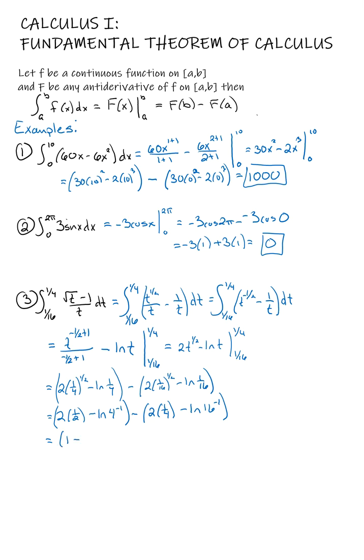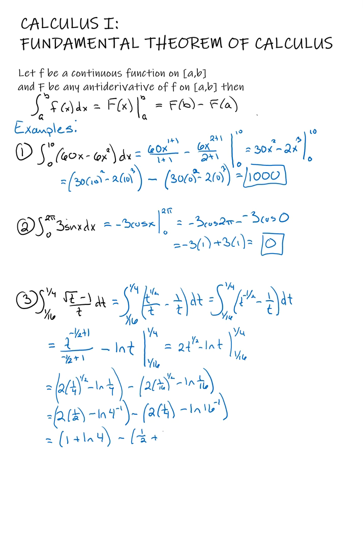And then properties of logarithms say if I have an exponent on that argument, I can multiply that to the front as a coefficient. So I actually get plus the natural log of 4, minus 2 times 1/4 is 1/2, minus the natural log of 16 to the negative 1.